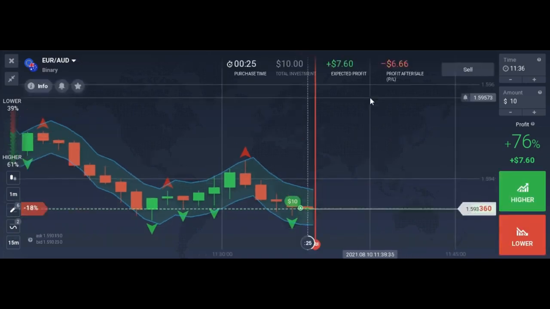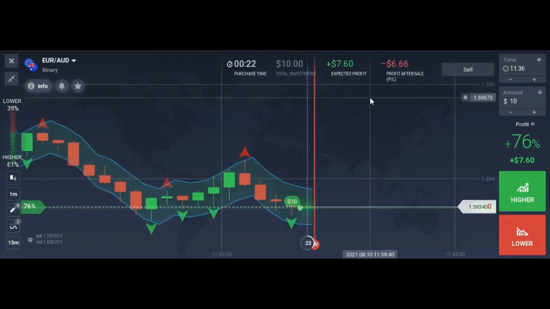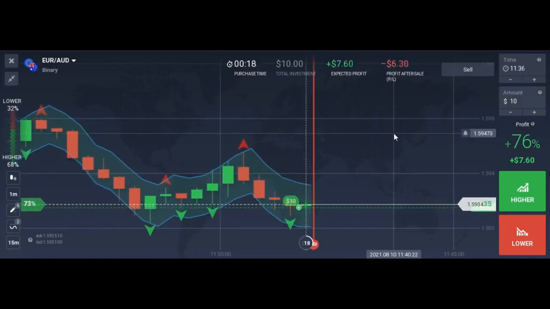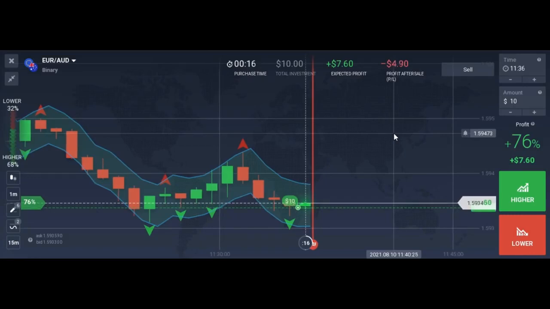As you can see, the fractal formed, so it was sure that the price was going to bounce. Therefore, I made the purchase in a minute.